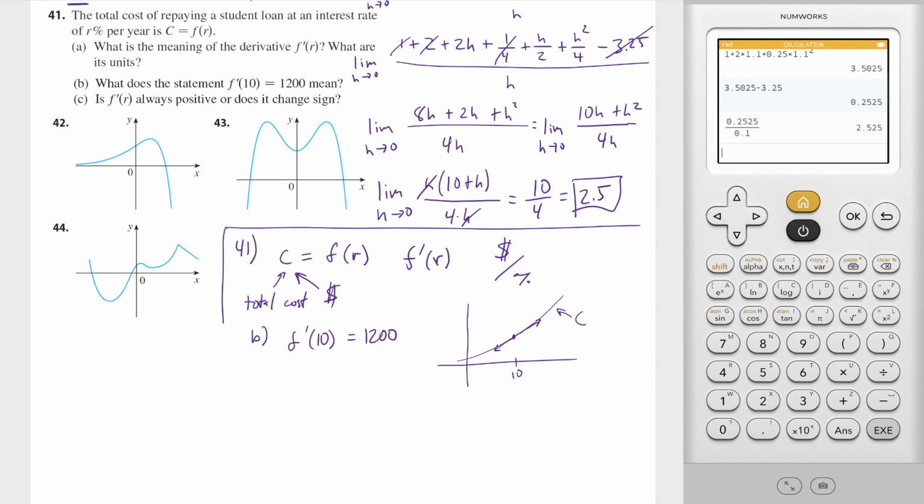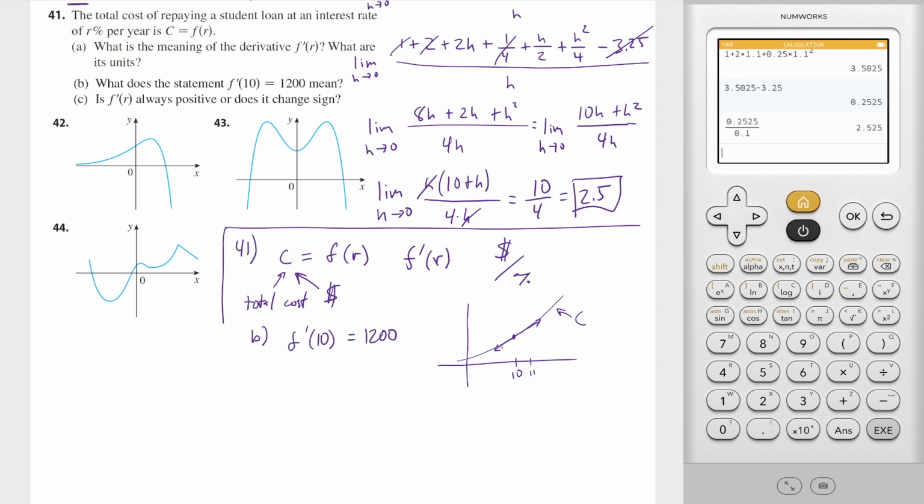the slope of that tangent line is 1200, meaning that going from, say, 10% up to 11% is going to increase the total cost of the loan by, it's not exactly 1200 because then we'd be doing a secant line, an average rate of change, but it's going to be probably a little more than 1200, increasing it from 10% to 11%.